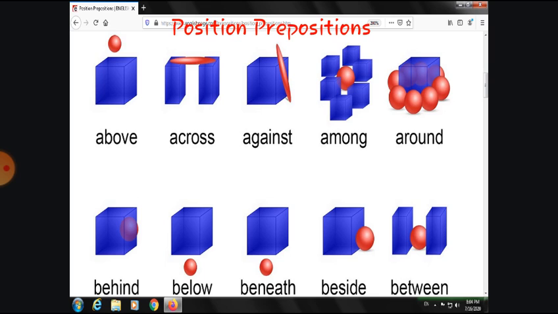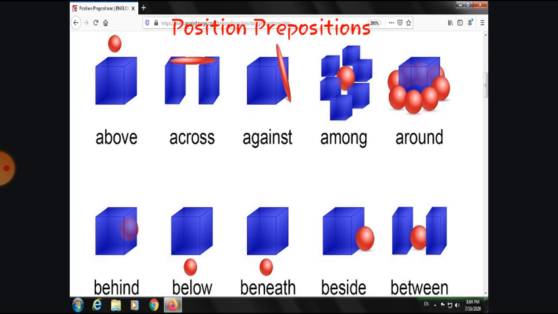The bridge is over the river is one example. Another example, he lives over the mountain. So this is another example. So through these two examples, you should learn that over as a preposition is used to show something is higher than another thing vertically. So this is about over.